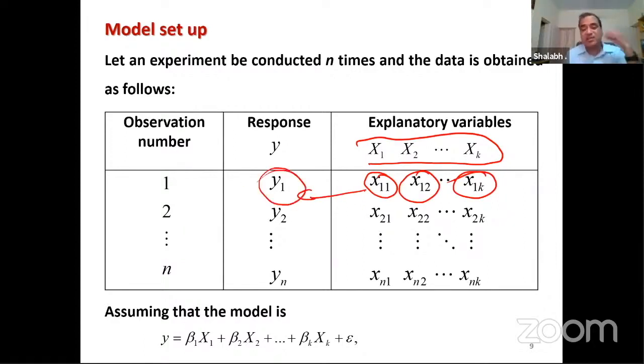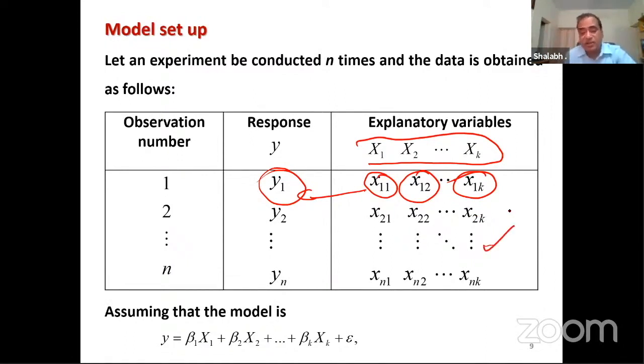So this is one set of observations of y and x1, x2, up to xk, right? Earlier you had taken only x comma y, so now this will be x1, x2, xk comma y, right? And then these small x are some numerical values.